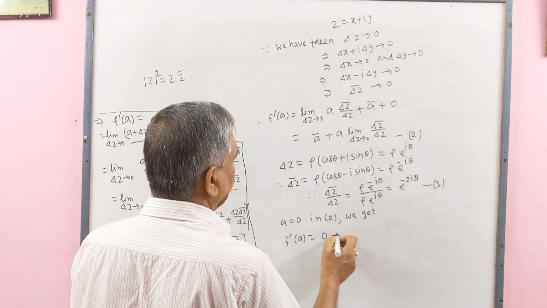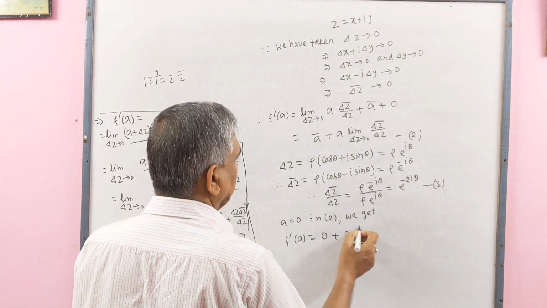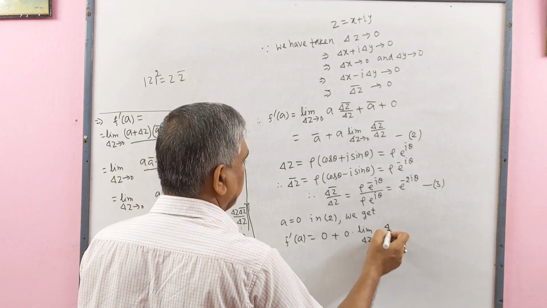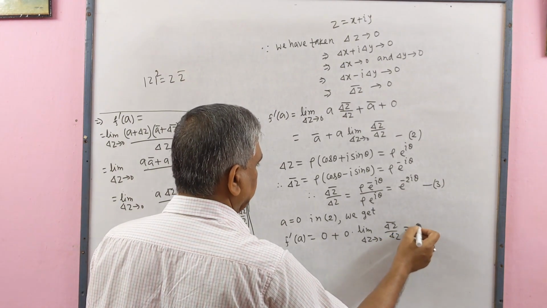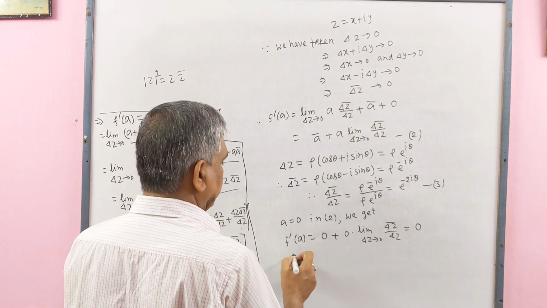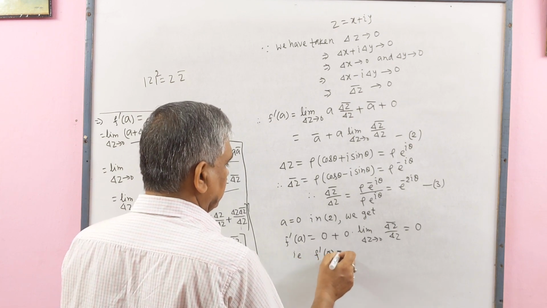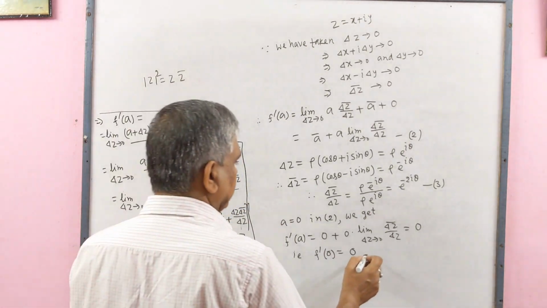So 0 plus 0 times limit delta z tends to 0 of delta z bar by delta z equals 0. That is, f dash 0 equals 0. This is number 4.